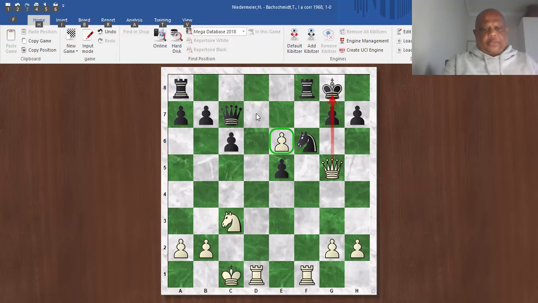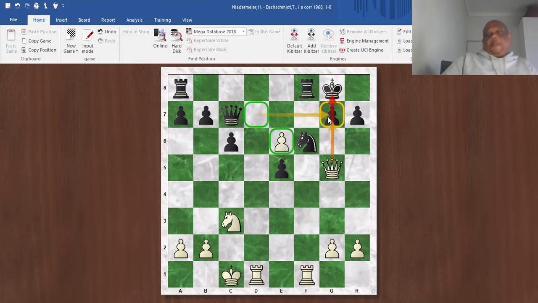When our rook has got access to D7, the rook can then combine with the queen and attack the square on G7. That is more or less what we are trying to achieve.